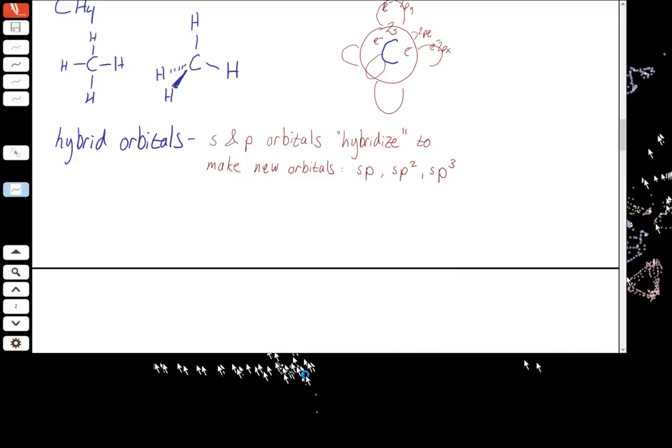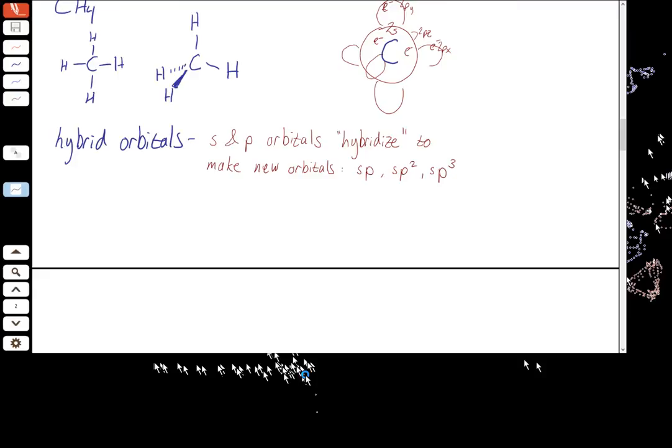So the key to understanding the hybridization is to recognize that hybridization comes from geometry. It's a way of justifying geometry. It's not like the geometry comes from the hybridization.